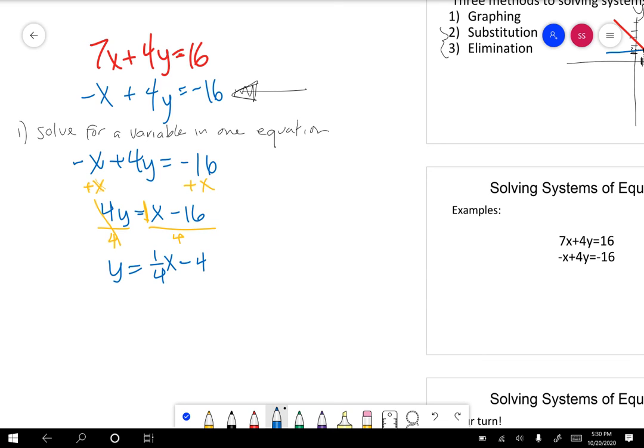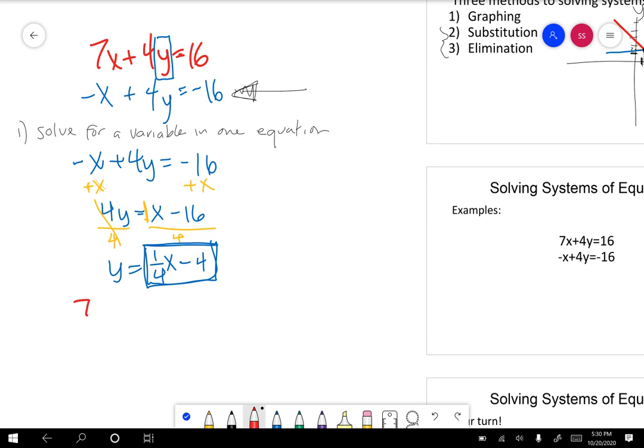Okay, so now that I've solved for y in this equation, what I'm going to do is basically take my first equation, and instead of writing y there, I'm going to replace that y with this entire quantity in parentheses. Okay, so let's do that.